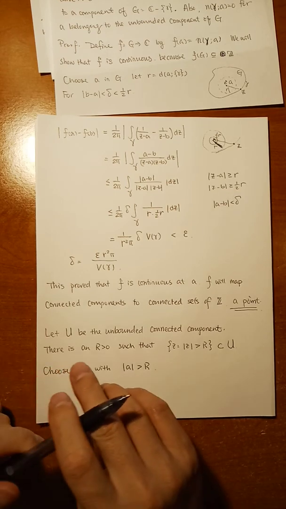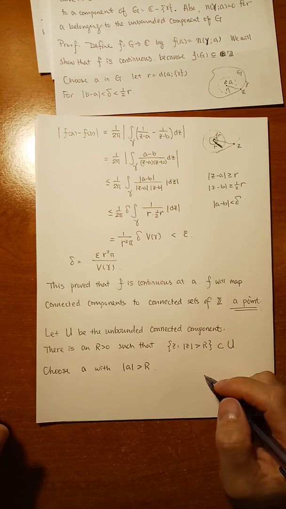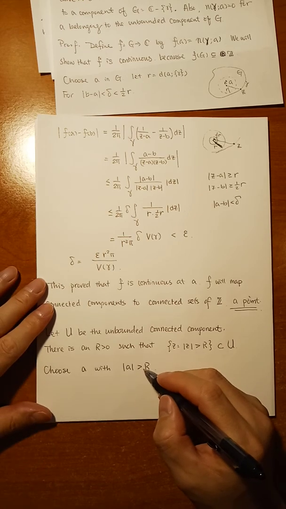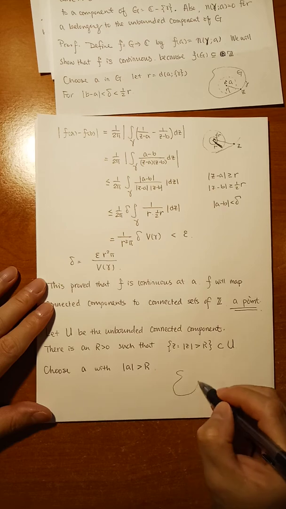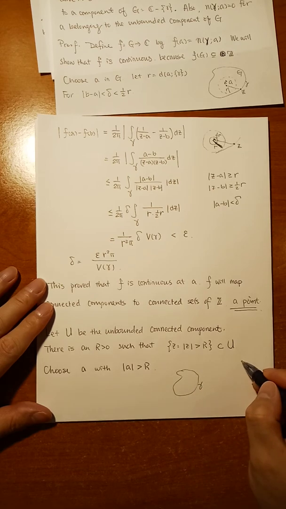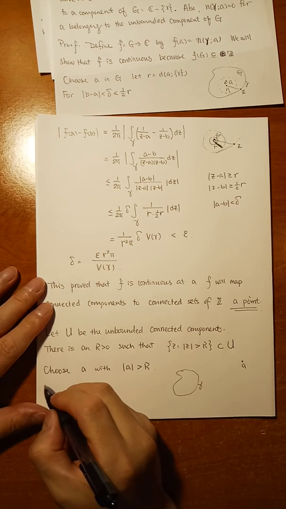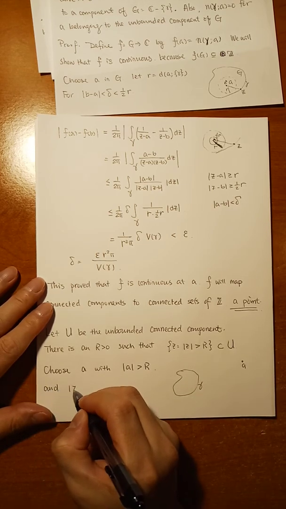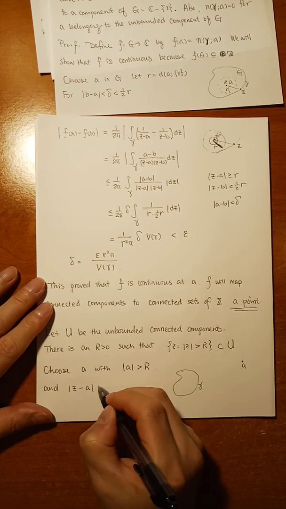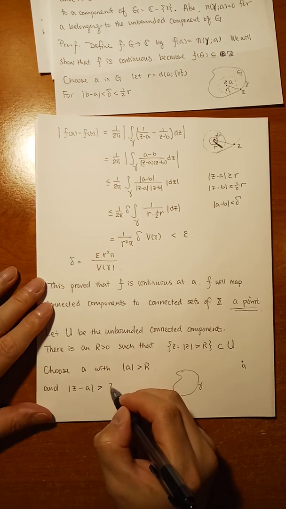Okay. And let's check. So the curve is here, gamma, and you choose a very far. So you can require modulus z minus a is greater than a certain number.